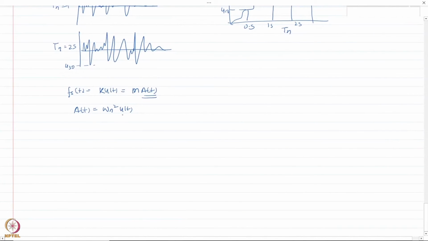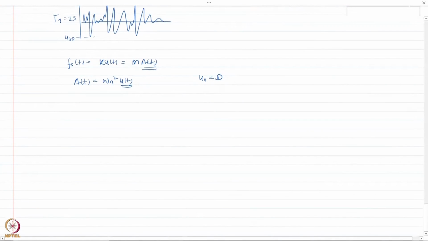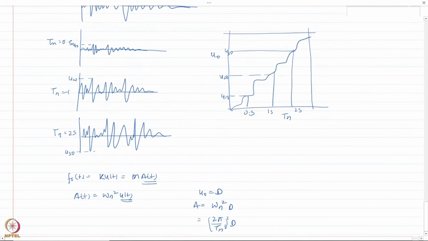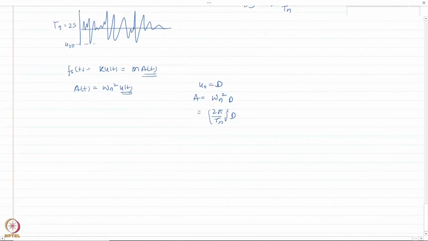So if I get the peak value of U0, which I now represent as D, I can find the peak pseudo acceleration by multiplying this with omega n squared, which I can also write as 2 pi by Tn, squared, times D. So if my displacement response is obtained, I can go ahead and obtain the acceleration response.